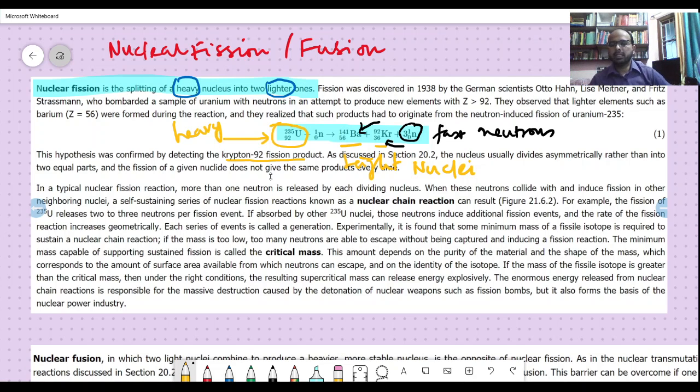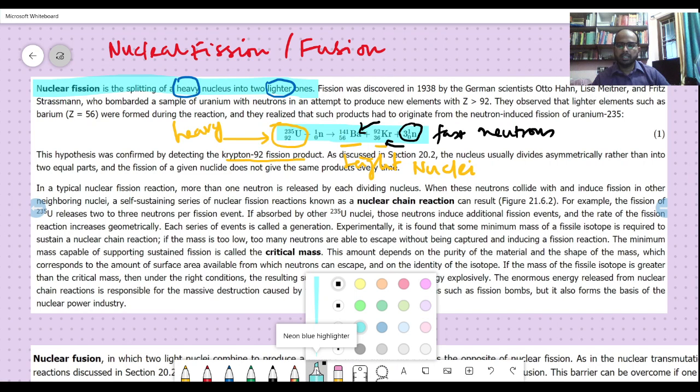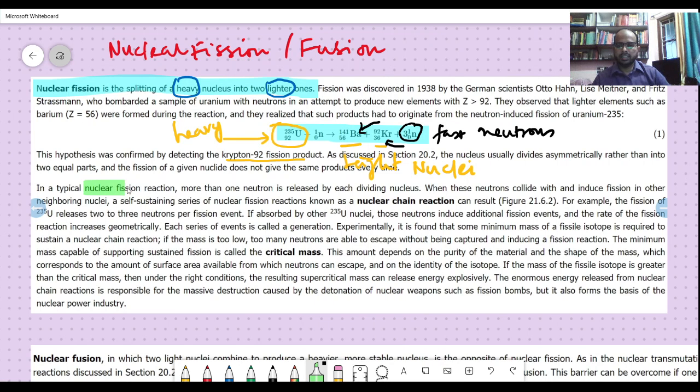In a typical nuclear fission reaction, the neutrons released by each dividing nucleus, when they collide, induce fission breakup in other neighboring nuclei.